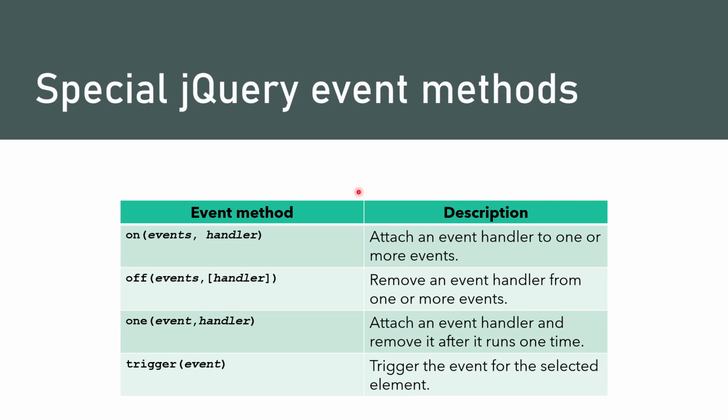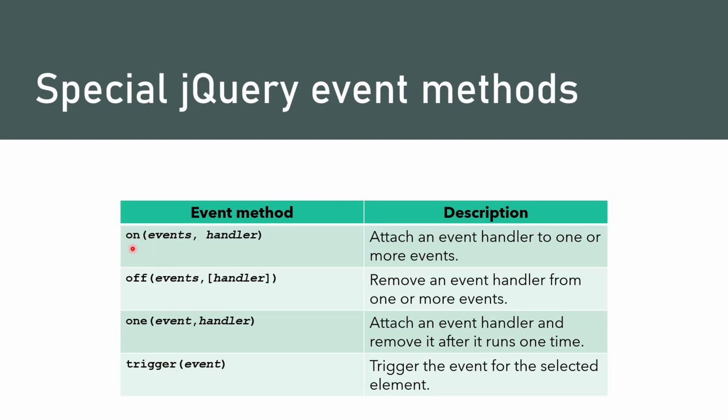But these special jQuery event methods, they take in both, or at least an event, like what events like click are happening, and handlers. And so these you can consider like meta event methods.